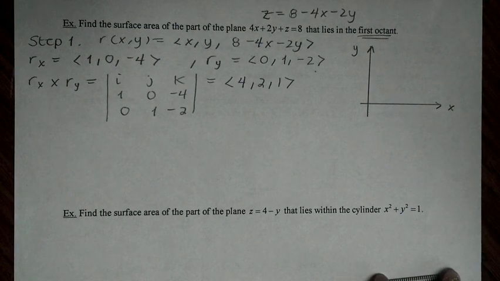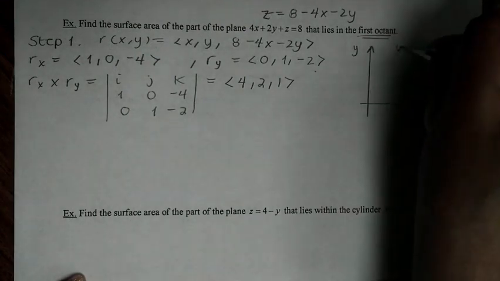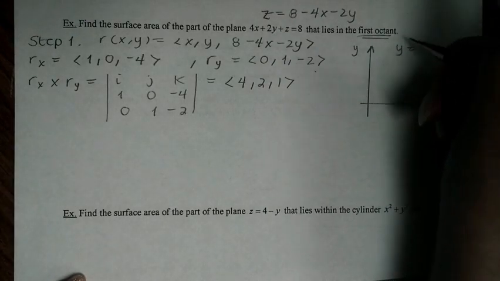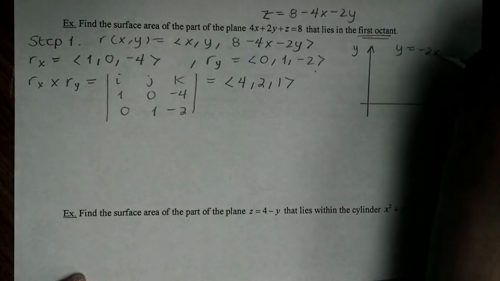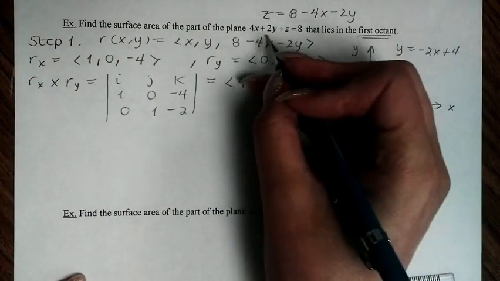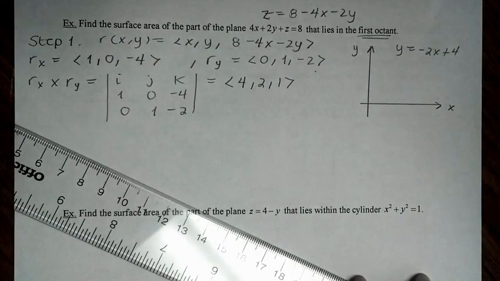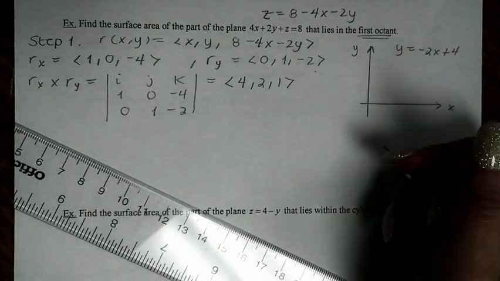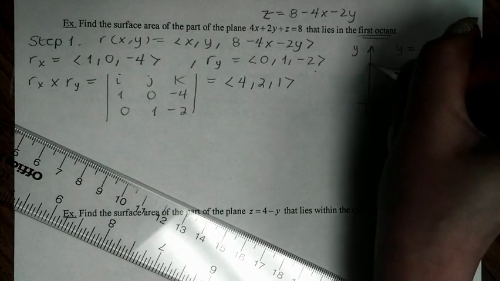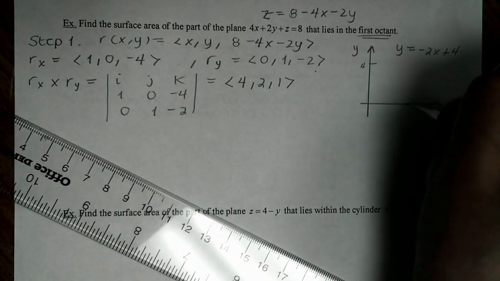The line is y equals negative 2x plus 4, because the intercepts for y is 4 and for x is 2.